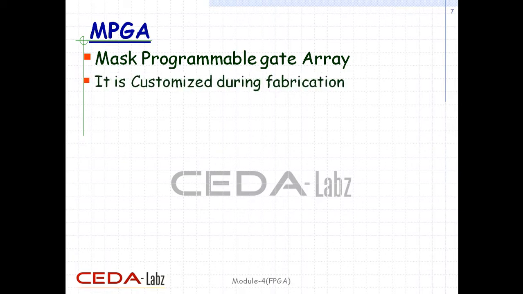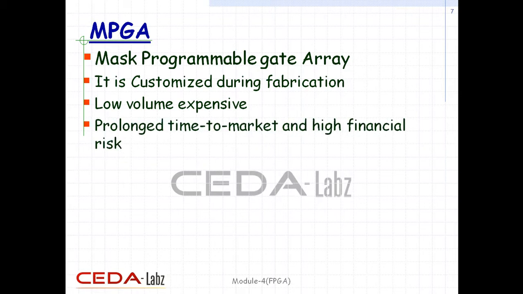First, a little bit of discussion about the masked programmable gate array. MPGA is a type of programmable gate array which is customized during fabrication, meaning its connections are fixed permanently during manufacturing and cannot be changed again according to our needs. It means that we can implement only one particular logic in this type of programmable gate array. This type of design takes more time and carries higher risk, as its connections are fixed, compared to FPGA where connections are reconfigurable.